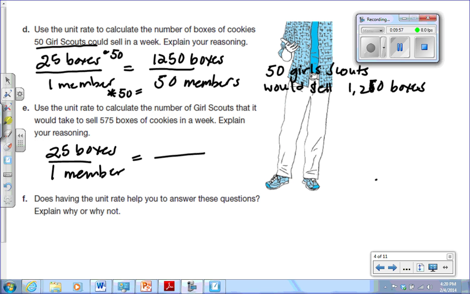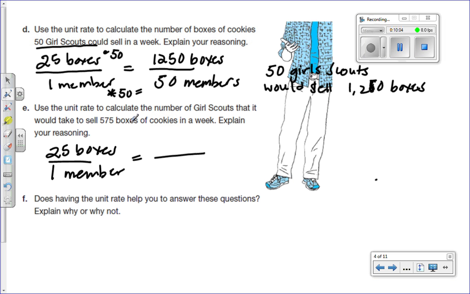In this next problem, it says use the unit rate to calculate the number of Girl Scouts that it would take to sell 575 boxes. So in this case, we see the boxes. We know that our boxes for our unit rate is in the numerator position. Therefore, we need to keep those units together in our numerator. So we have 575 boxes in the numerator.